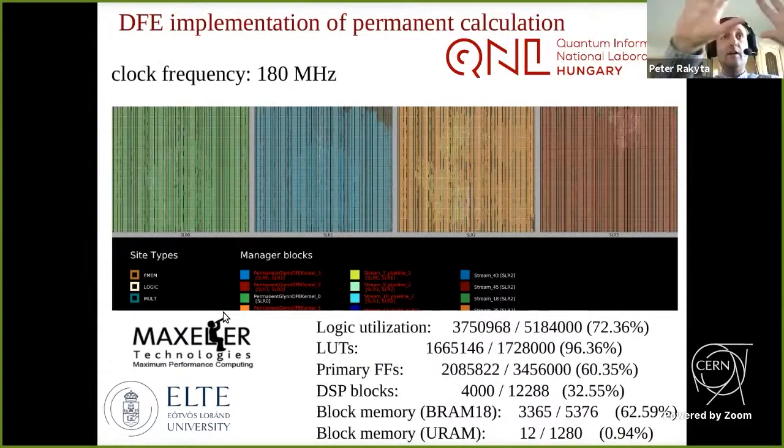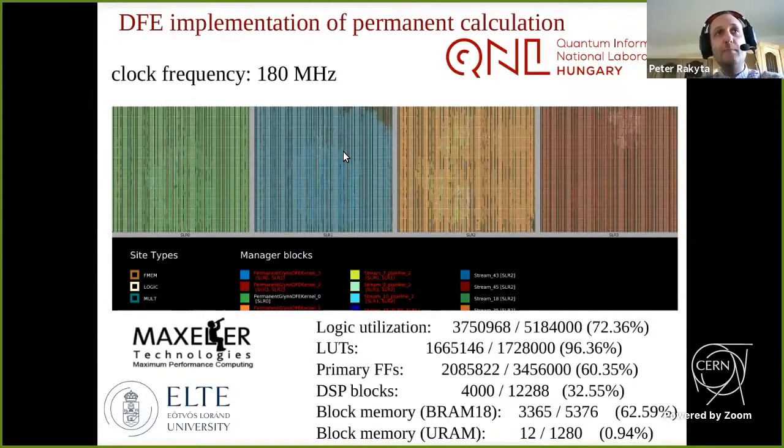This is the actual area usage of our implementation. This is one FPGA chip, which is divided into 4 distinct blocks. There is wiring between these individual blocks, but it's much harder to pass data from one block to another than to pass data between elements in a single block.